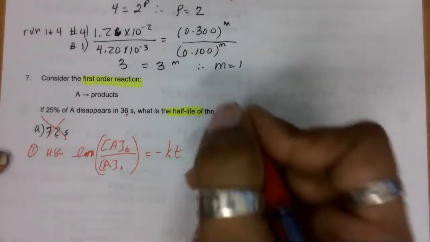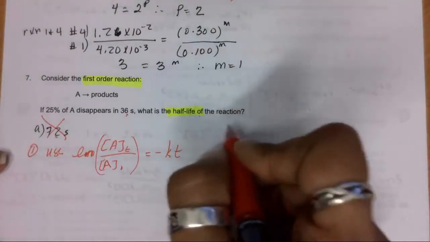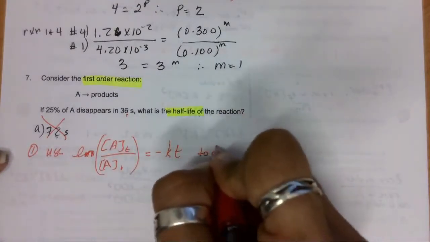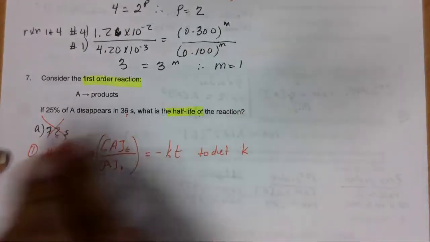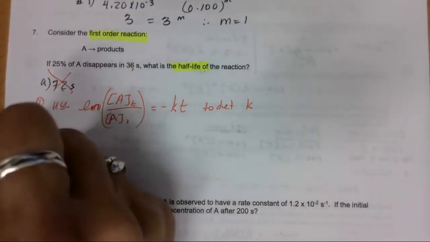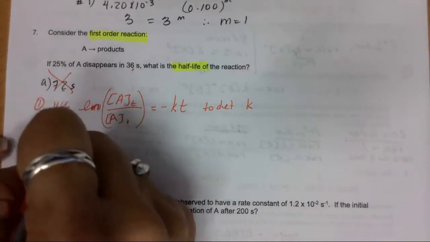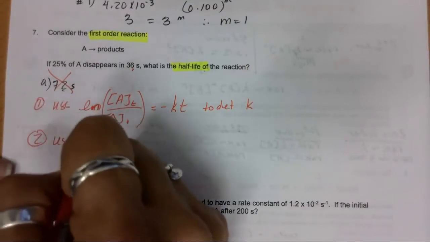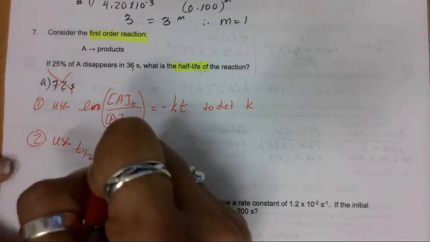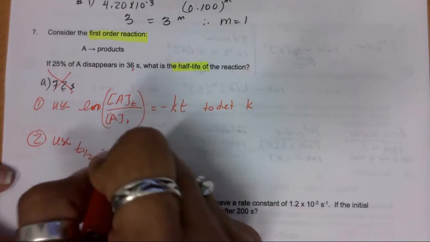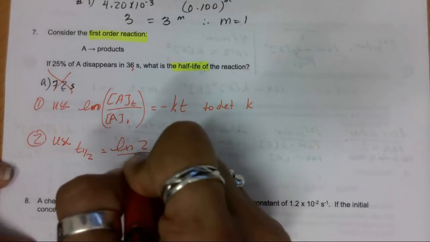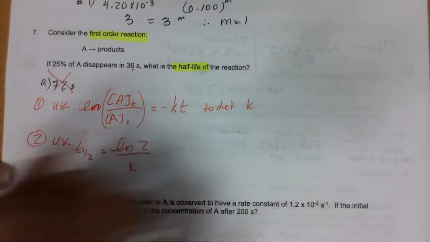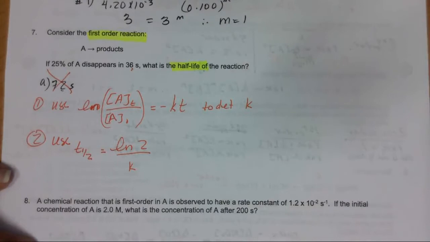We use this to determine K. That's the point of this first step. The second step is we're going to use the half-life, T1/2, for our first order, T1/2 is equal to the natural log of 2 over K. And that is to find the half-life.